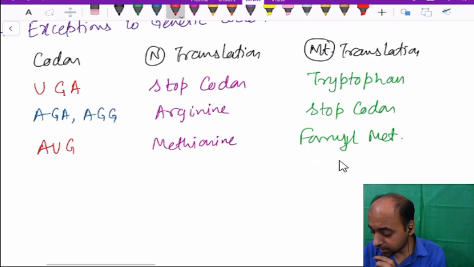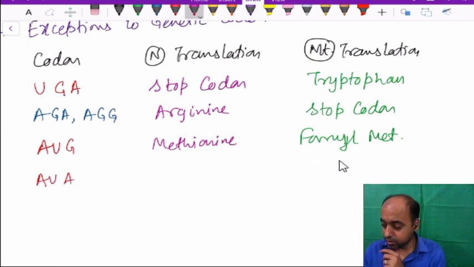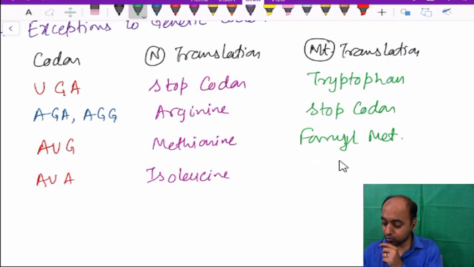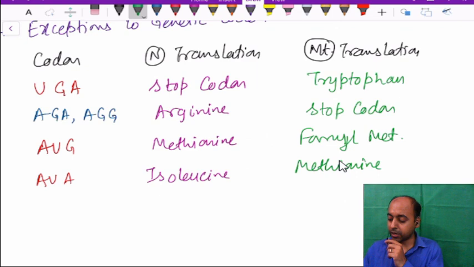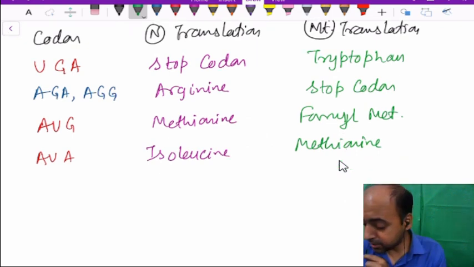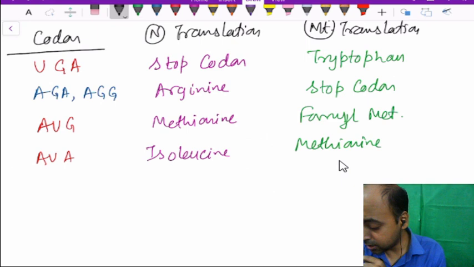And lastly, AUA, which is normally isoleucine, also codes for methionine in the mitochondria. So these are the exceptions to genetic code that we see in the mitochondria.